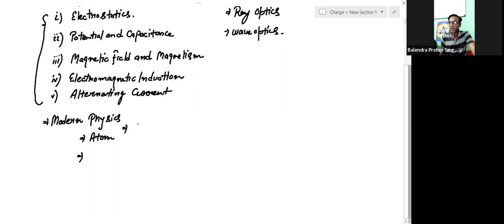Another part of the modern physics syllabus: the first one is basically dual nature of light and particle. Then we will go to the atom, and another chapter is nuclei, properties of nucleus, and radioactivity.